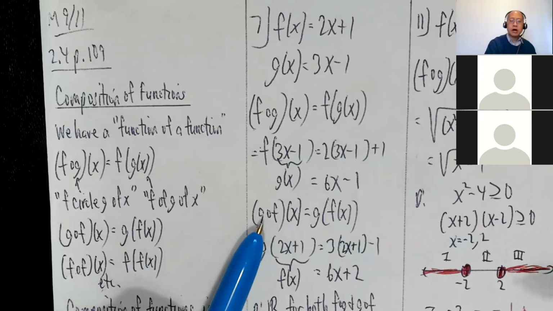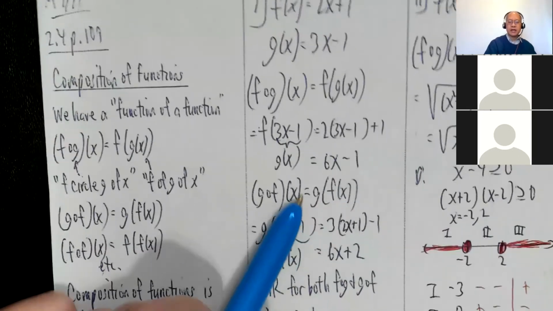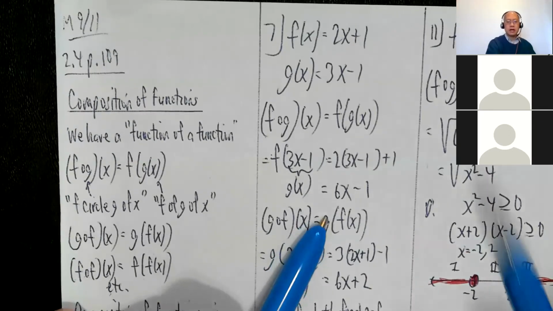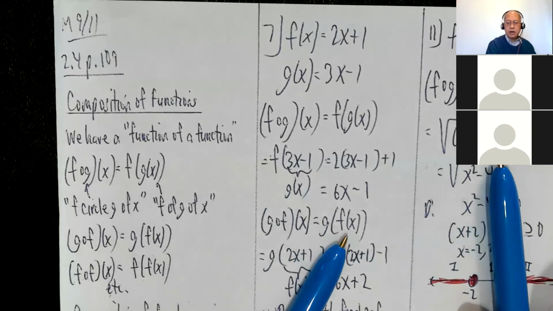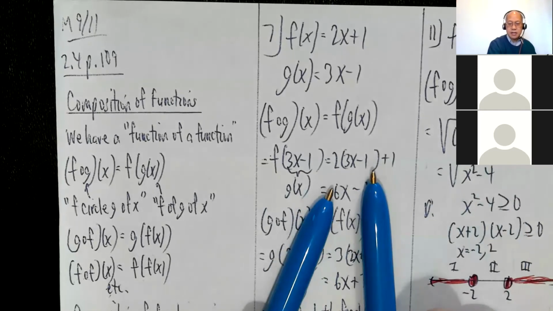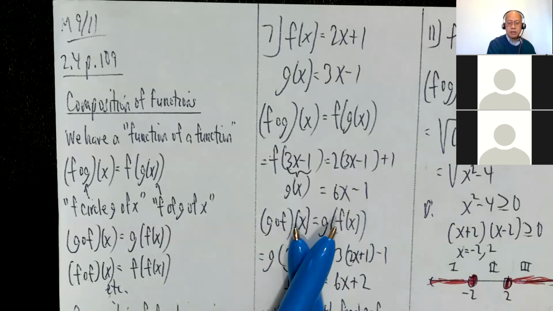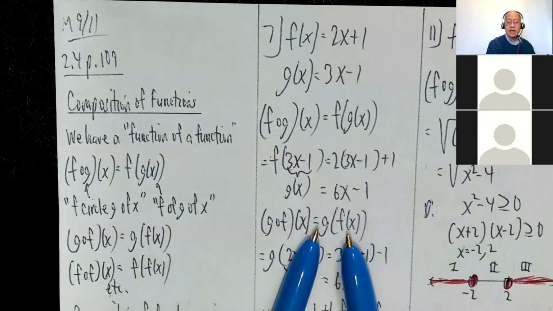Okay, do the same thing with g circle f of x, which means g of f of x. Oh, too dizzy. I don't like looking at all that stuff. Don't look at all this stuff. Order of operations, I go inside: f of x. So the first thing I'm going to do is leave that g alone, that left paren alone, that right paren alone, and then inside is f of x, right?